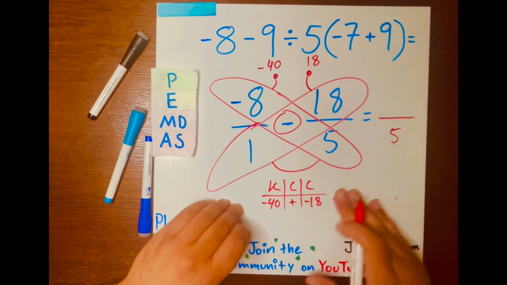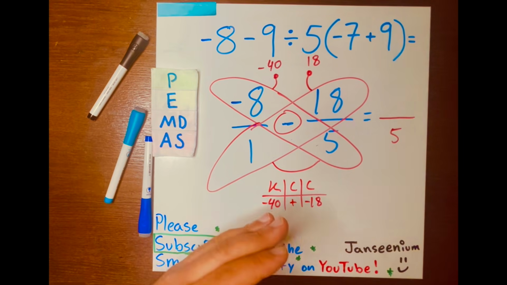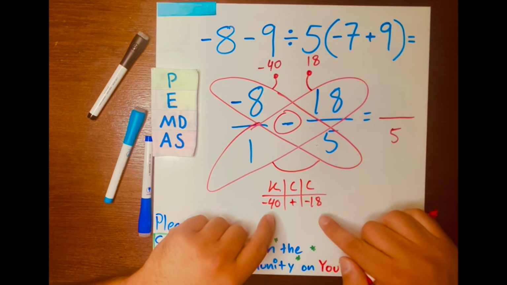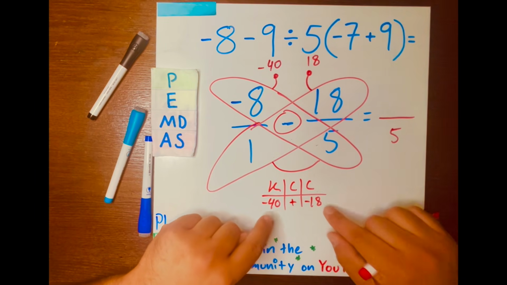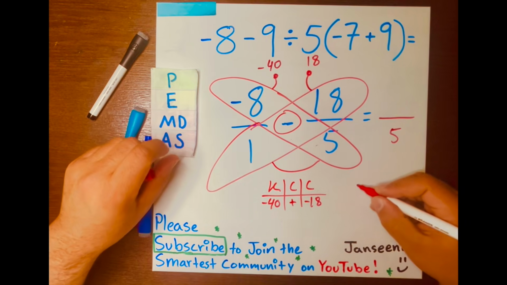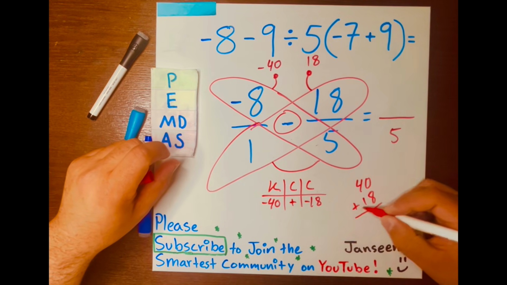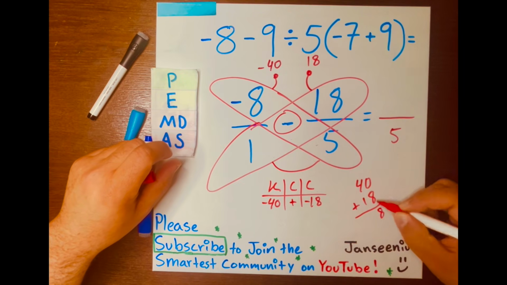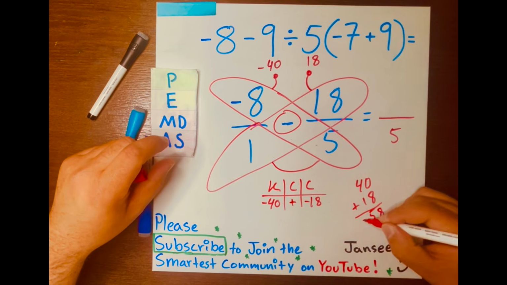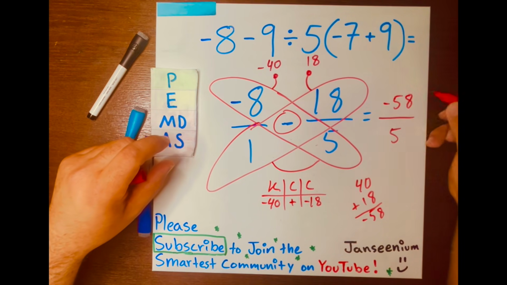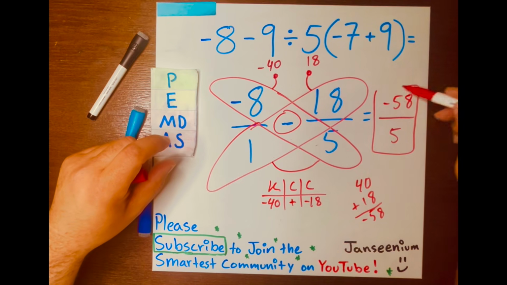And now I can use the addition rule, which is anytime you're adding 2 numbers with the same sign, you add and keep the same sign. So 40 plus 18, so 0 plus 8 is 8, 4 plus 1 is 5. And then you keep the same sign, negative 58 is your improper fraction answer.